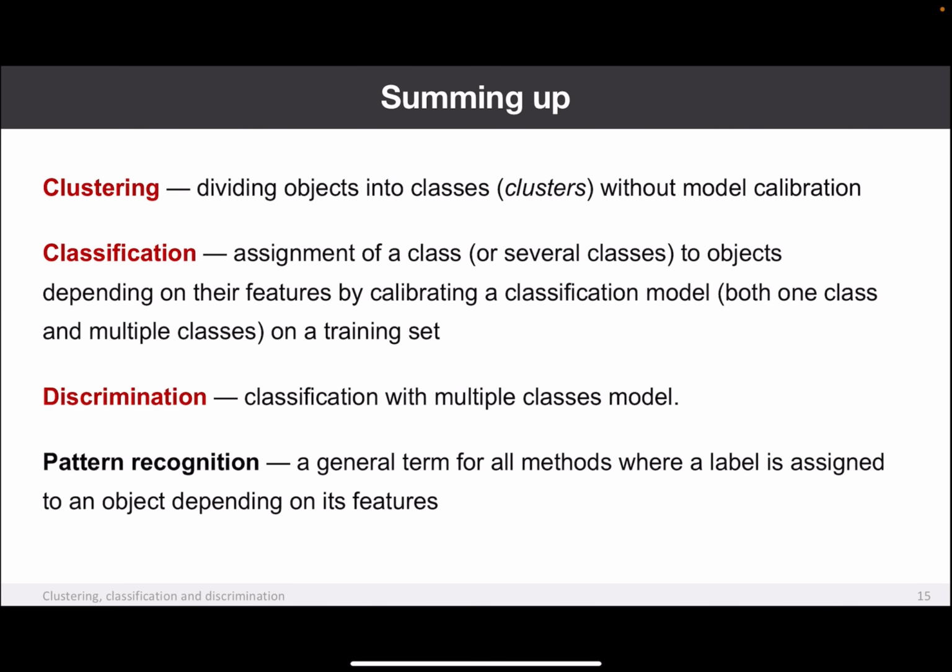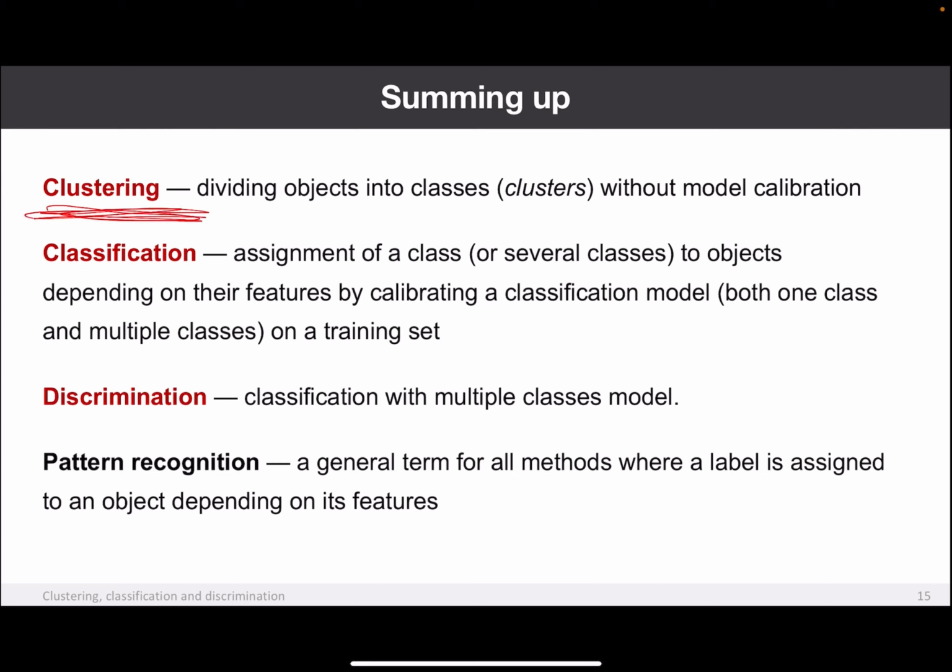So summing up, we have 3 subtasks. When we say classification, we usually use it as a general word, but we can also split it into smaller subtasks. When we arrange measurements into groups without knowing any a priori information about which groups they belong to, that's what we call clustering, right?